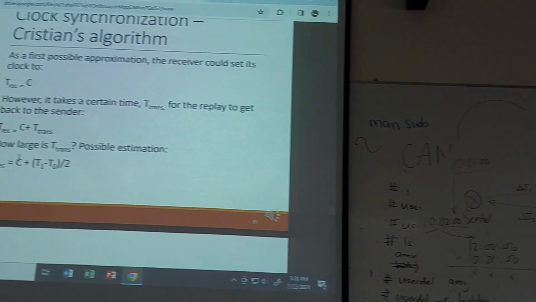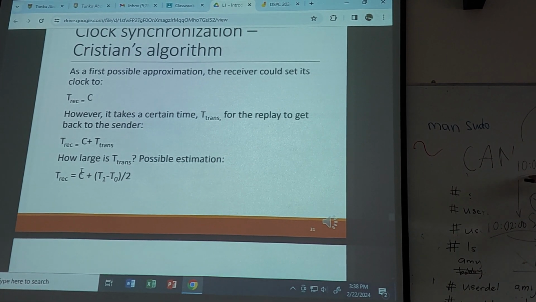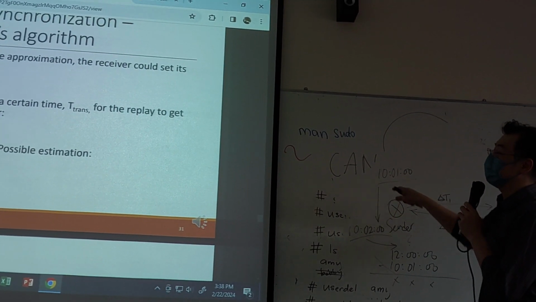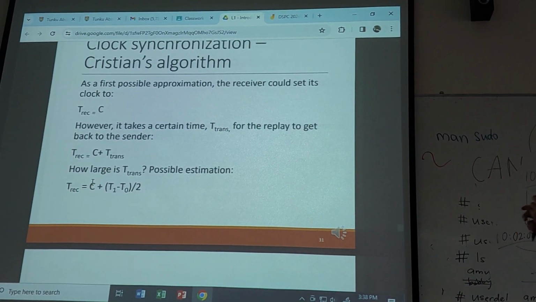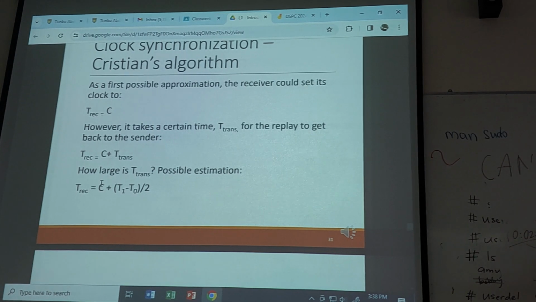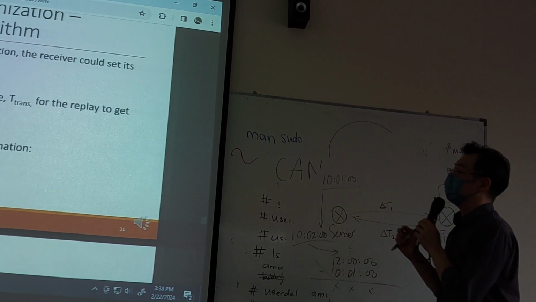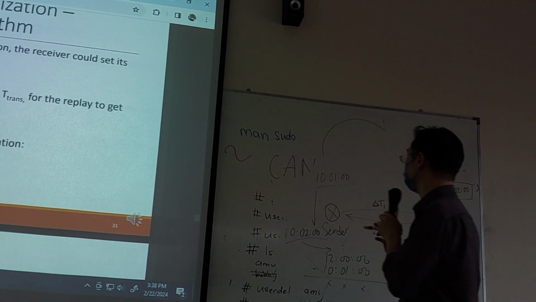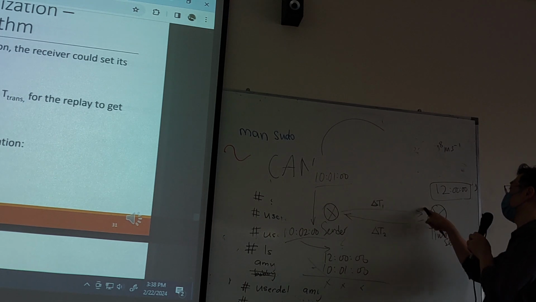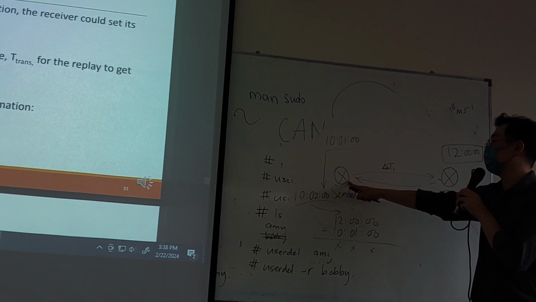Right? Okay, T record is the time that is T record, right? And then transfer means this delay. Because the transfer, as I told you before, we assume that going and coming back is more or less the same, right?